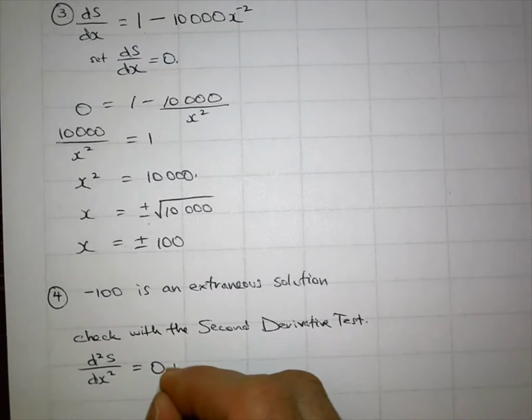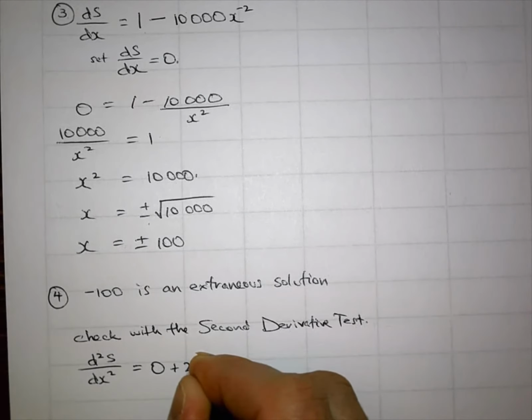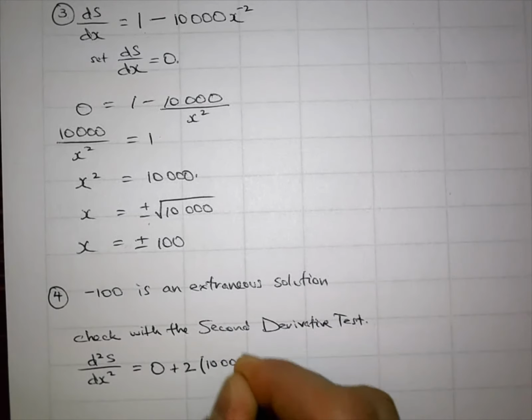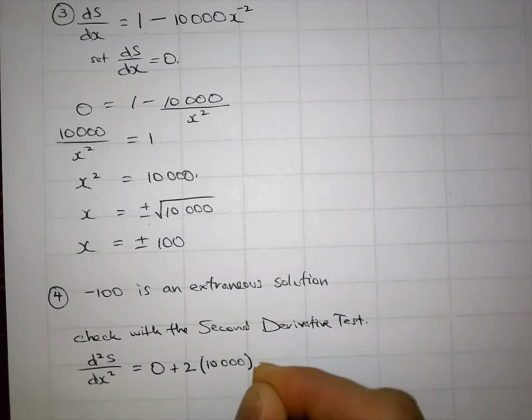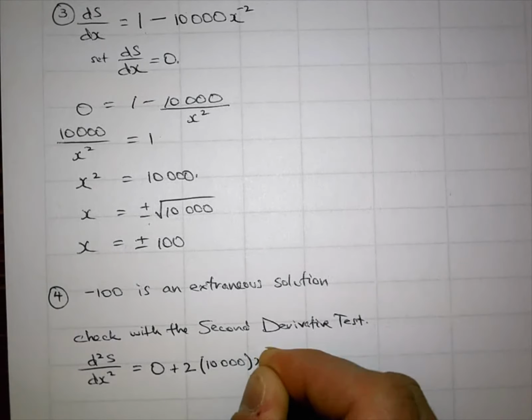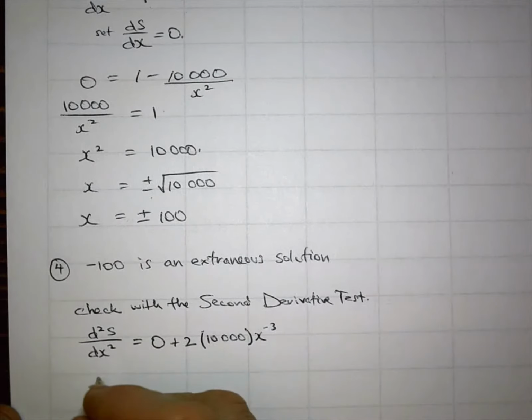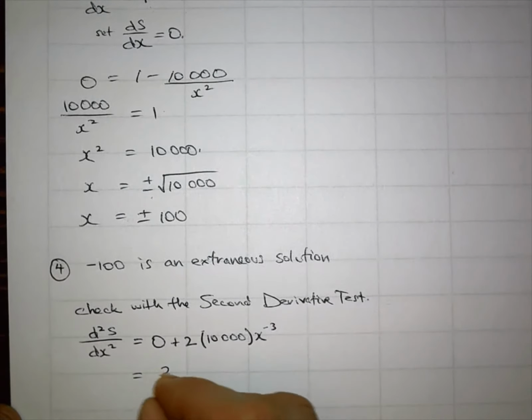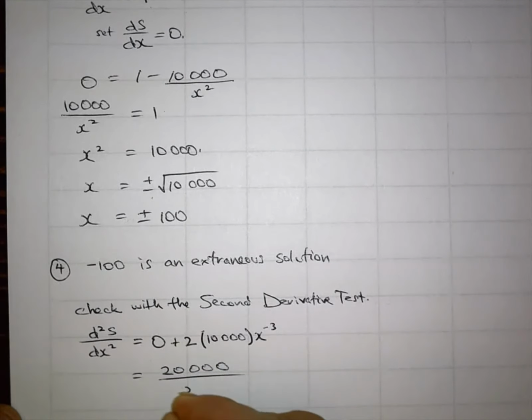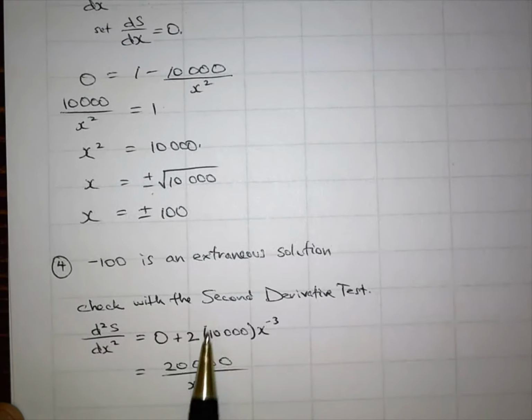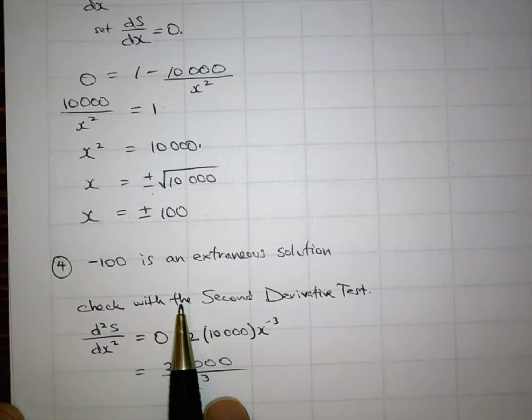This is going to be plus 2 times 10,000, and then it's x to the negative 3. Sorry, this got so weird. But I end up with 20,000 over x cubed.